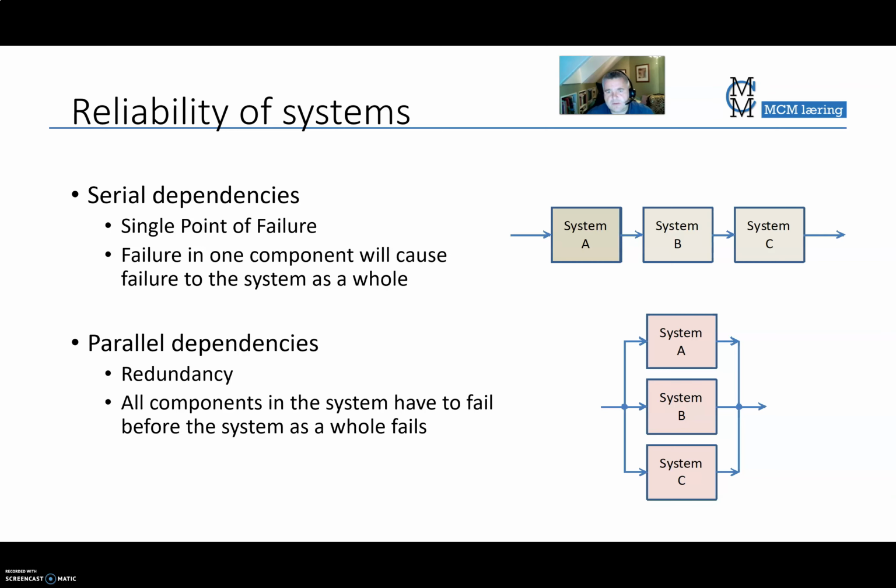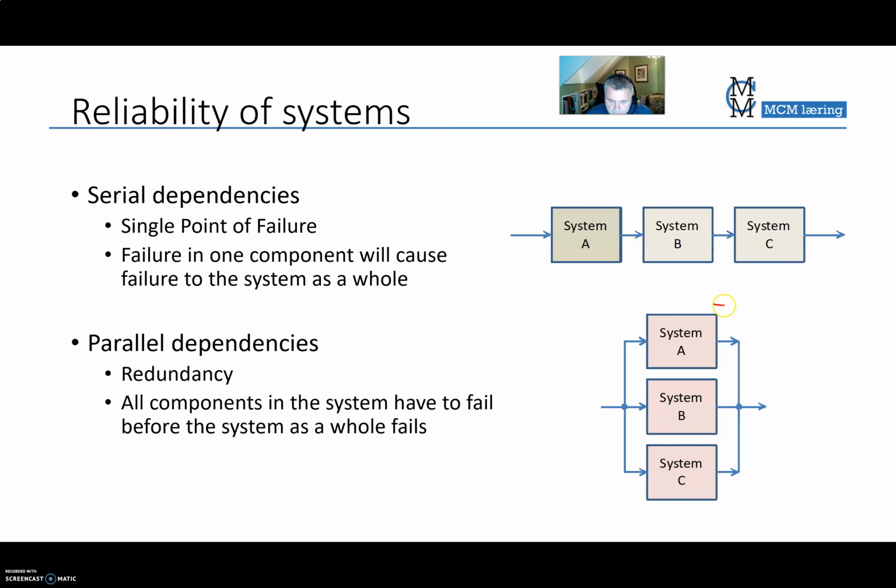A torch is made up of a light bulb, batteries, chassis, a switch and some wires. If any of those elements fail, the system as a whole will fail. If the light bulb fails, the whole torch will fail. If the batteries fail, the whole system will fail. And if the wires, the switch or the chassis fail, the whole system will fail.